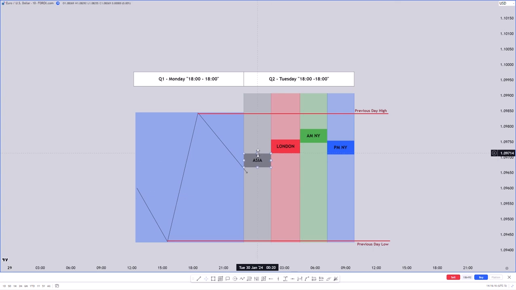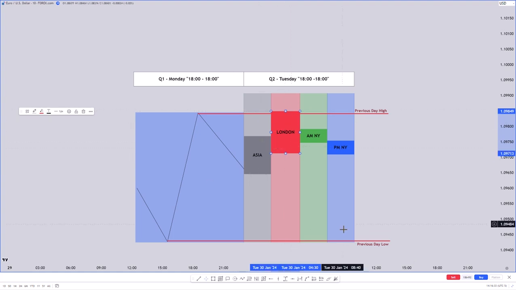You want to see price sweep London if you're bearish, right? And this is how you pretty much get an indication that you're looking for bearish price, right? You want to see London draw above the Asia high or the first quarter high and the previous day high, right? And then Q3, which is New York, is gonna be initially a distribution lower from London, right?